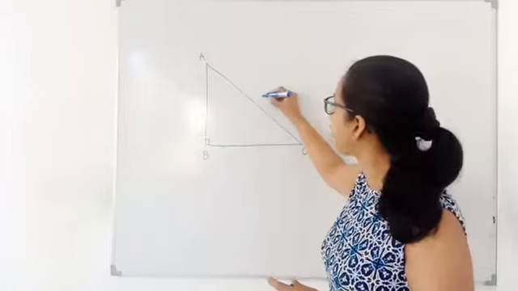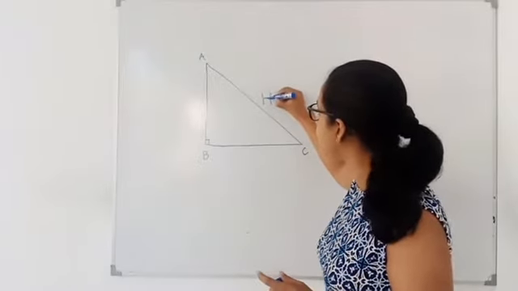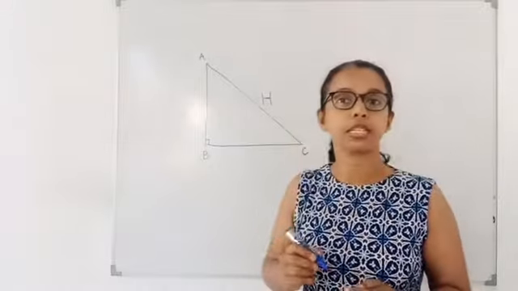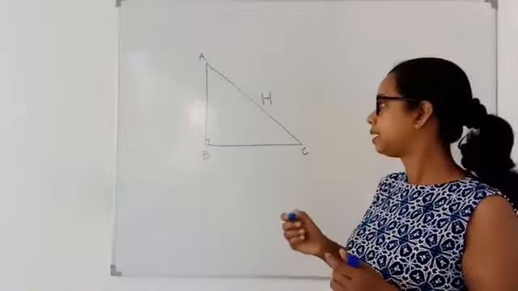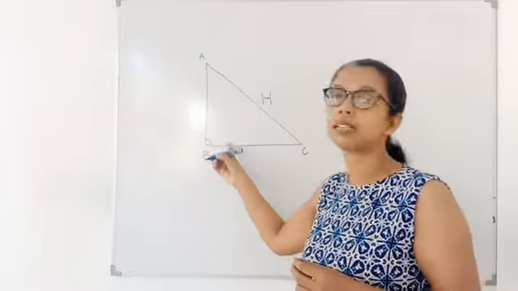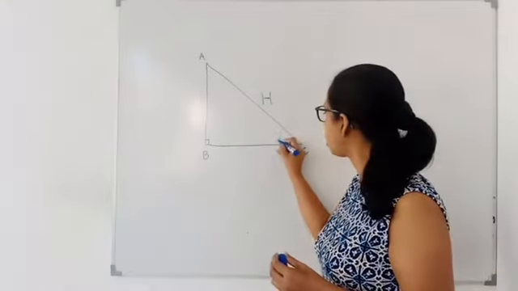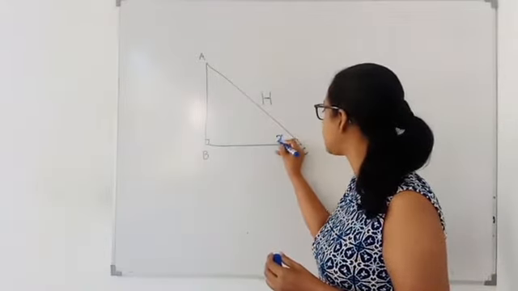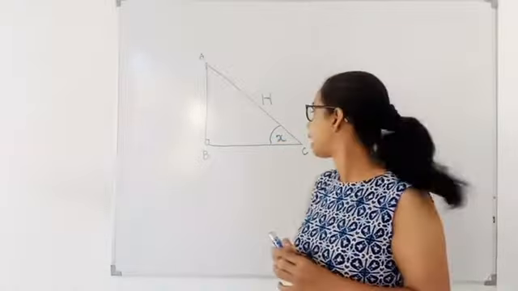The shortened form for hypotenuse I use is capital H. Now, we have another 2 angles, children. Other than the right angle, we do have 2 angles. Now I'm going to mark this angle as X.